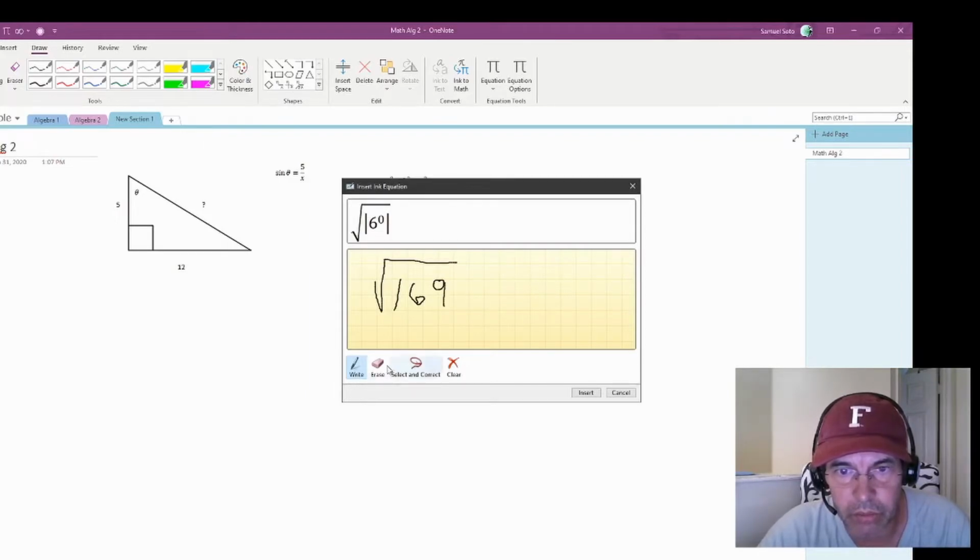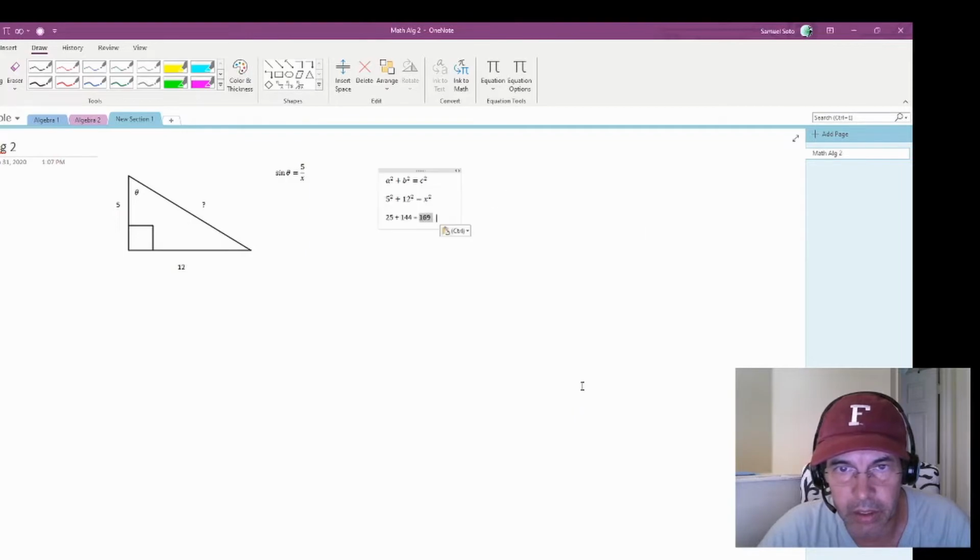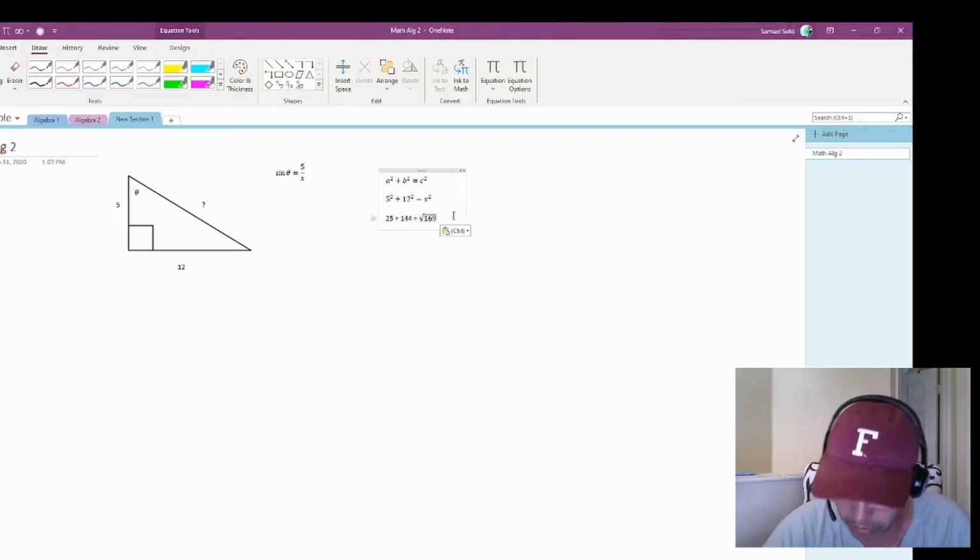And if that doesn't work, you can always erase it and make it neater if you need to, so that you can get the 9 correctly done in there, and then insert that, and then just hit the key here and say equals 13.